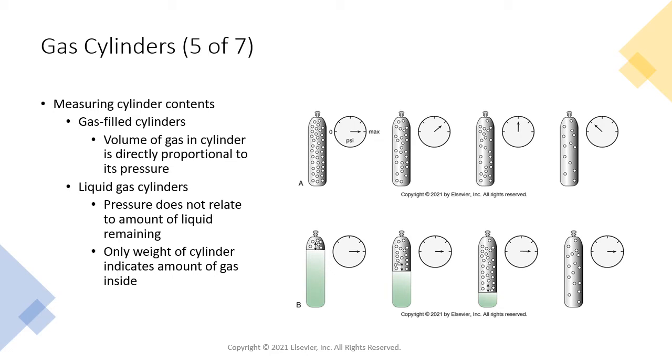So how do we measure a cylinder's contents? Well, that depends on if it's gas, as pictured in A, or if it's liquid at room temperature, like B. Let's talk about compressed gas cylinders first, as pictured in A. For gas-filled cylinders, the volume of gas in a cylinder is directly proportional to its pressure at a constant temperature.